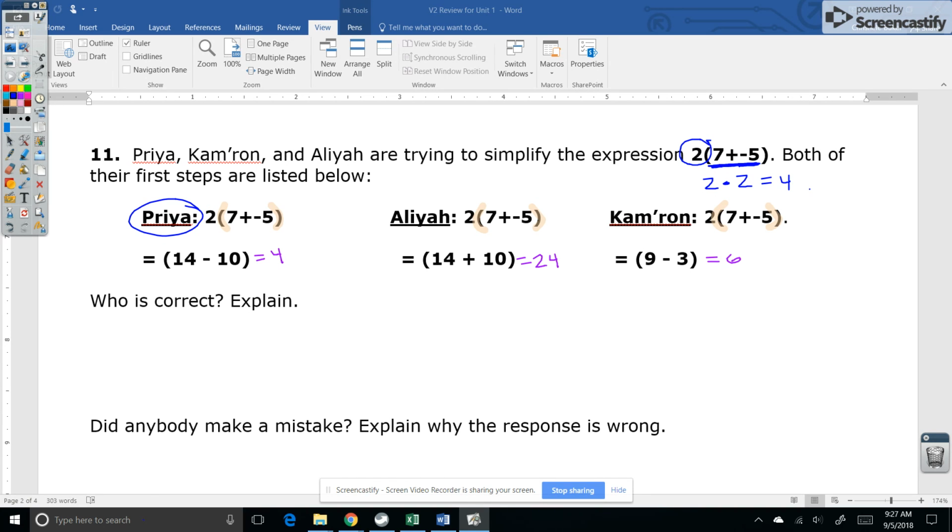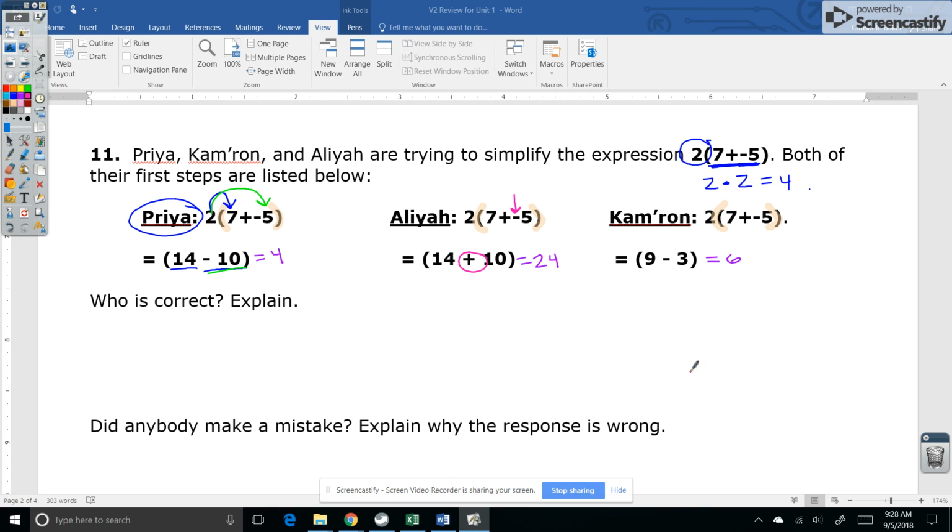So let's see why. Priya got 14. She got that from 2 times 7. Then she had minus 10. She got that part from 2 times negative 5. It looks like Aaliyah kind of missed this negative right here, and she did 2 times 5 rather than 2 times negative 5.